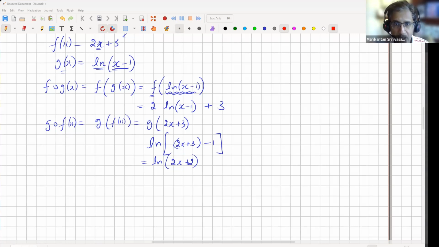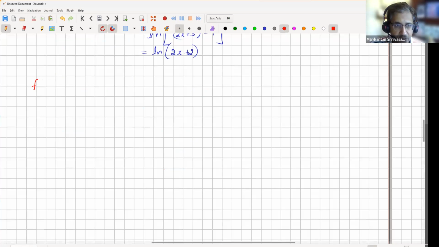Let's say f of x is root of x minus 1, and g of x is log to the base 2 of x.